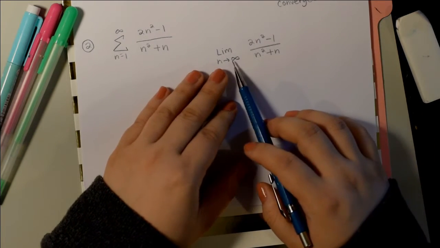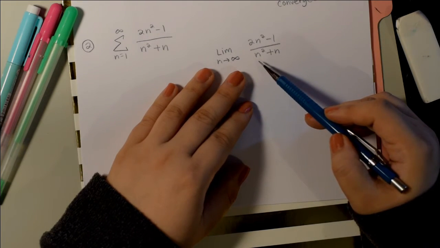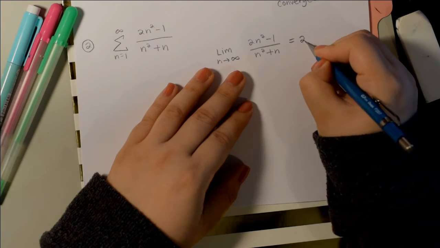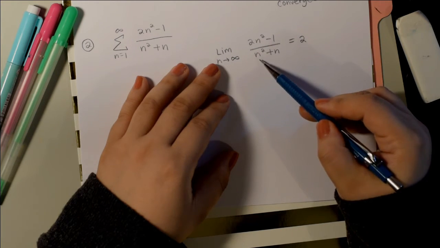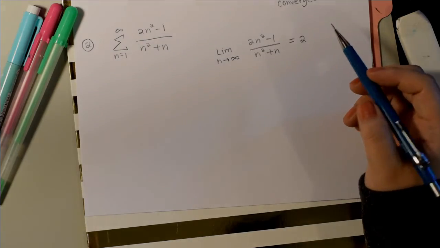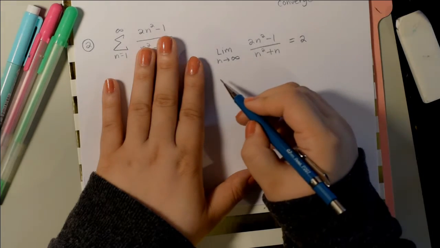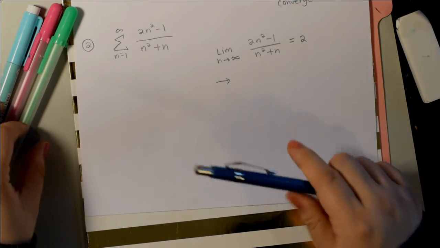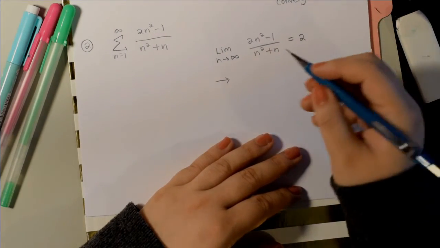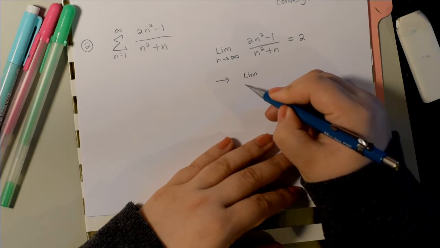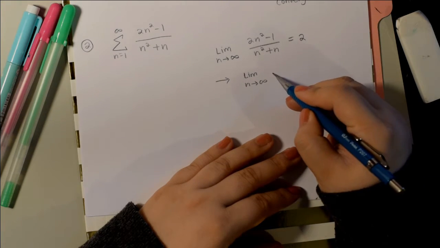We can see that as n approaches infinity, this limit goes to 2, just because when n gets really, really big, this falls away, and 2n squared divided by n squared is 2. But of course, if we want to write that limit out rigorously, we can divide each term by n squared, the largest exponent, the largest degree.